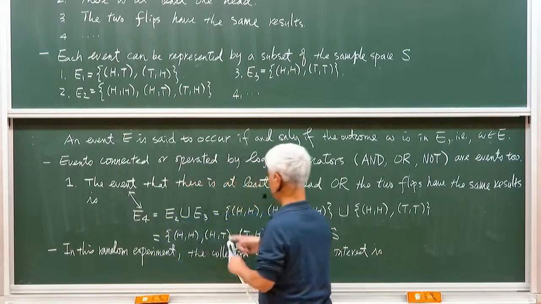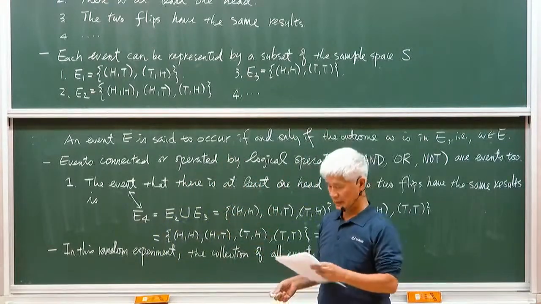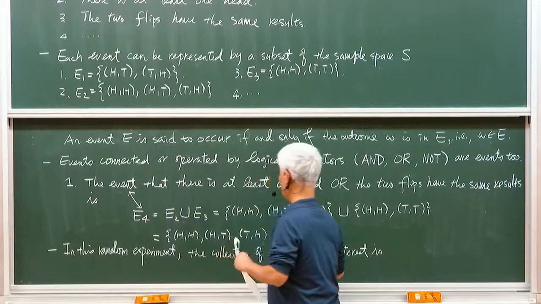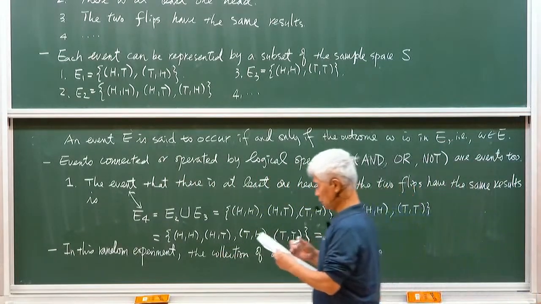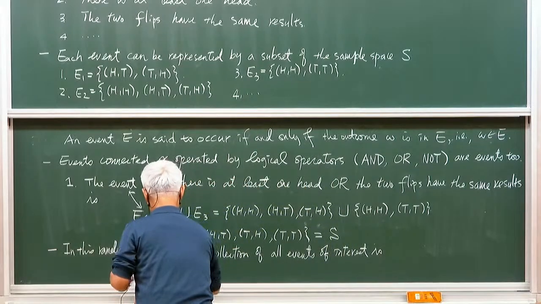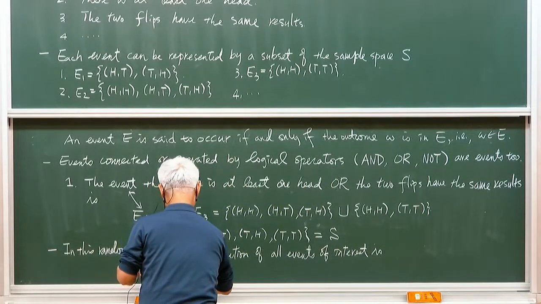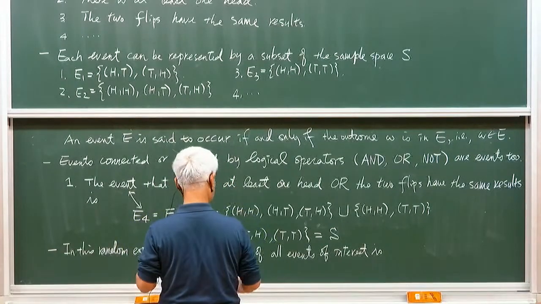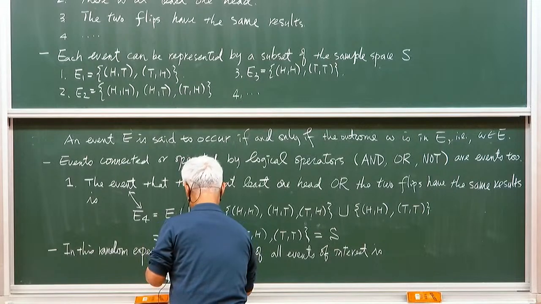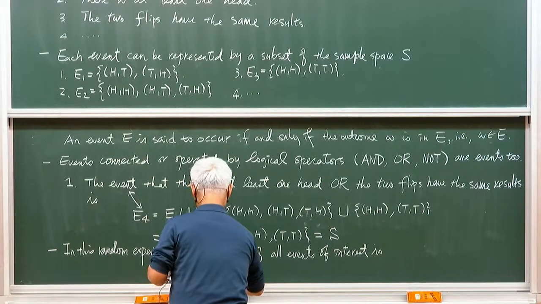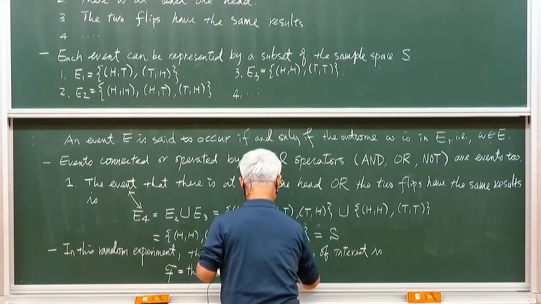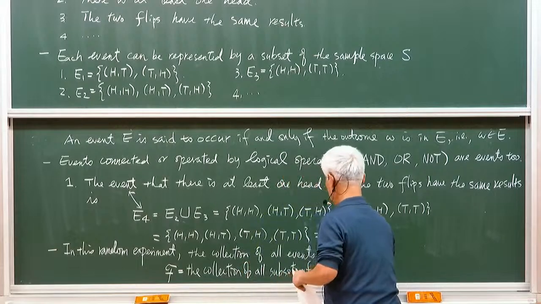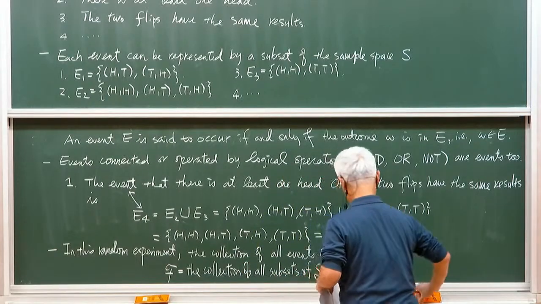Because this random experiment is very simple, any subset of the sample space would be an event of interest. So the collection would be the collection of all subsets of the sample space, and this is called the power set.